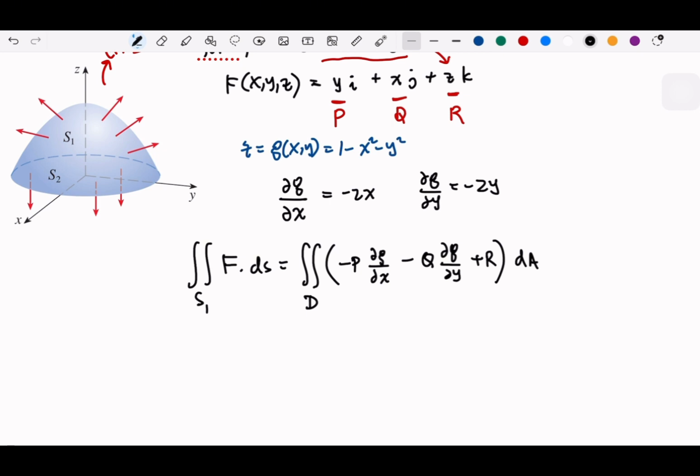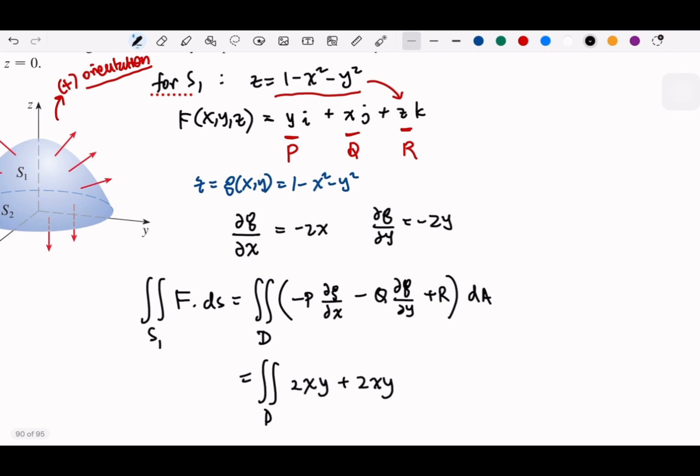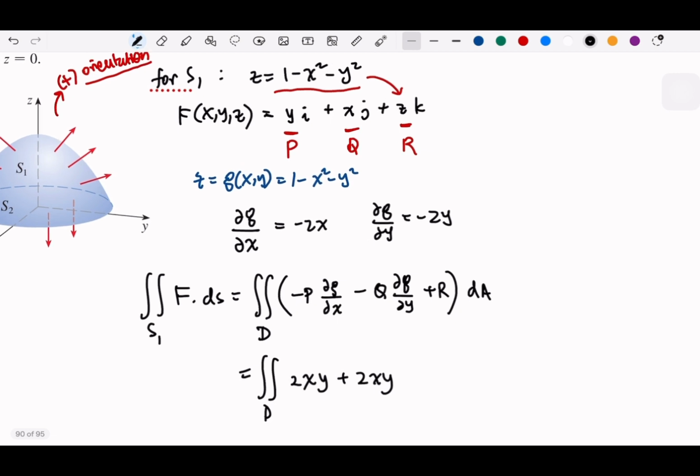So it's negative P, which is y, so negative y, times dou G dou X, which is negative 2x, so it becomes positive. So let's write here 2xy, minus x minus 2y, so plus 2xy. R is z, which is 1 minus x squared, plus 1 minus x squared minus y squared, and dA.